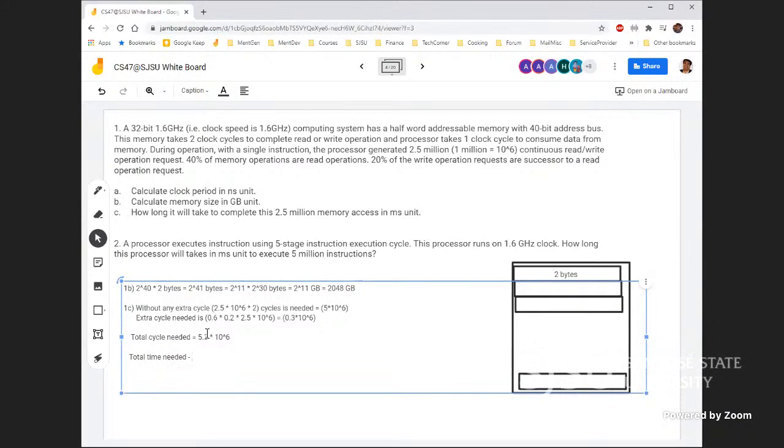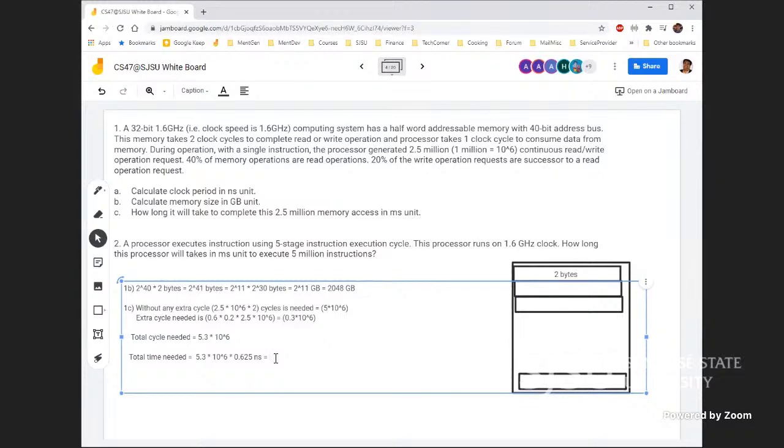That means the total time needed is that many cycles multiplied by the clock period, which we computed as 0.625 nanoseconds. With nanoseconds and 10 to the power 6, put together it becomes a millisecond unit.